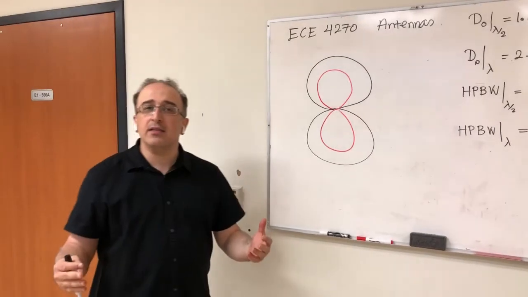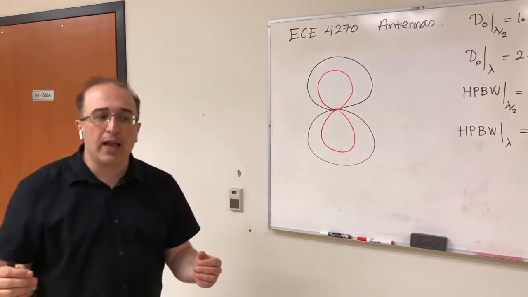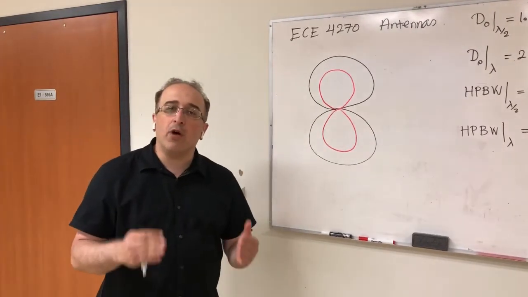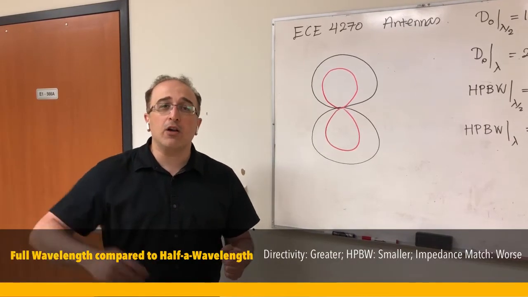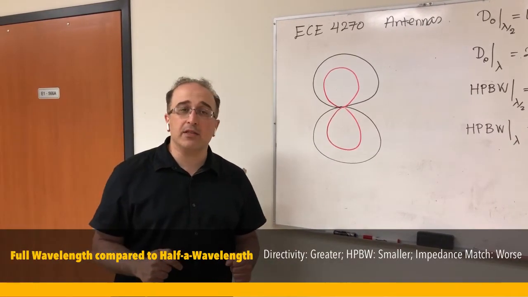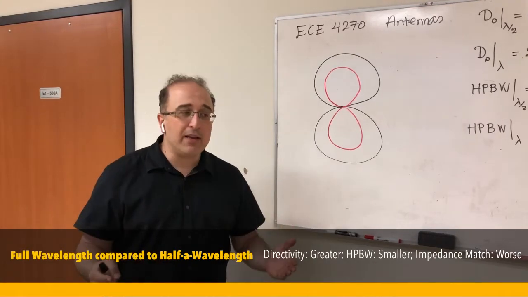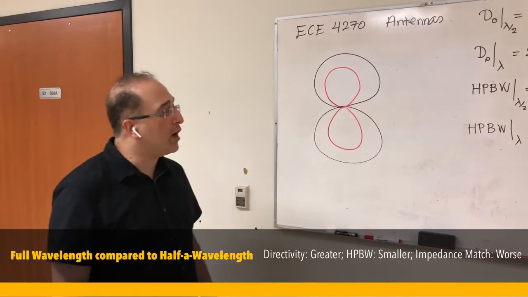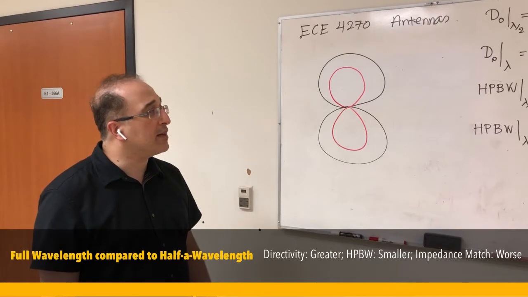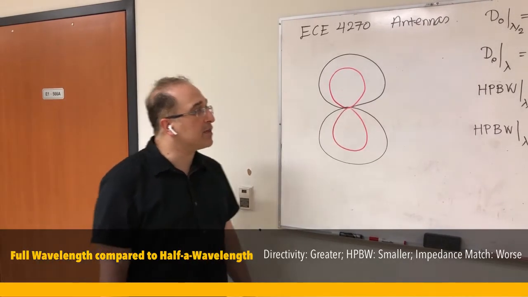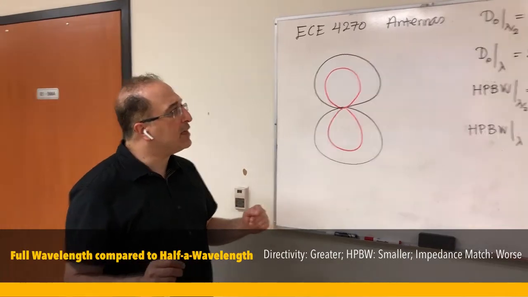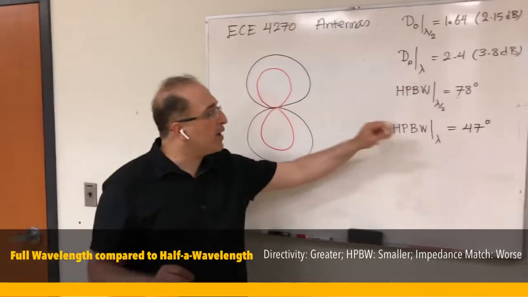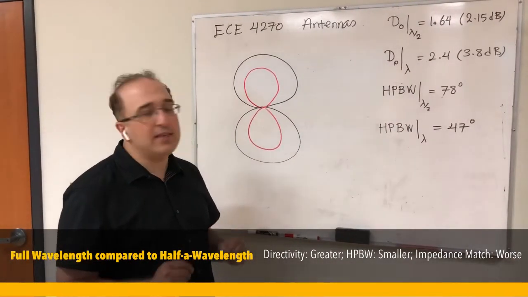That's consistent with what we've learned in the course, that the directivity of the 1 lambda, full wavelength dipole antenna is larger than the directivity of the half wavelength dipole antenna, or equivalently, the half power beam width of the 1 lambda dipole antenna is smaller than the half power beam width of the half wavelength dipole antenna. Theoretically speaking, the half power beam width of a half wavelength dipole should be about 78 degrees.